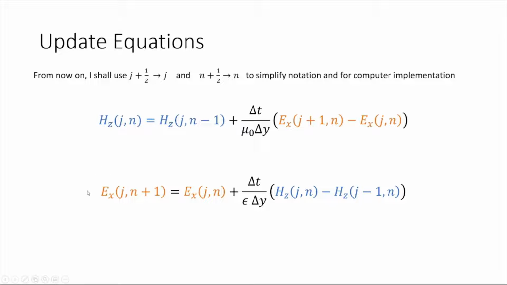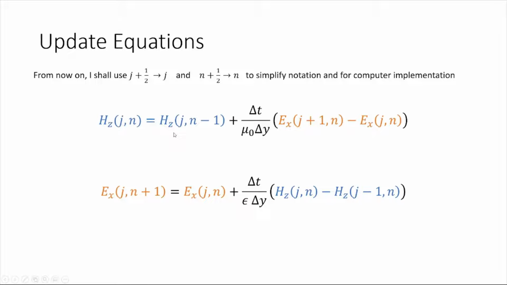And so here are both update equations for both of those curl equations. Here we have the Ex update, where Ex is updated to n plus 1 using the previous time step value of Ex, and of course the values of H that were calculated in this formula here.